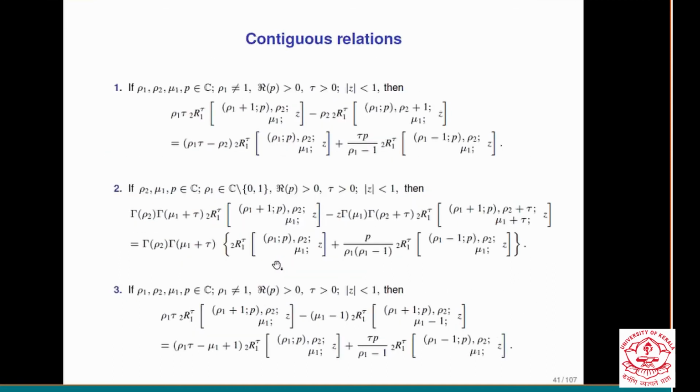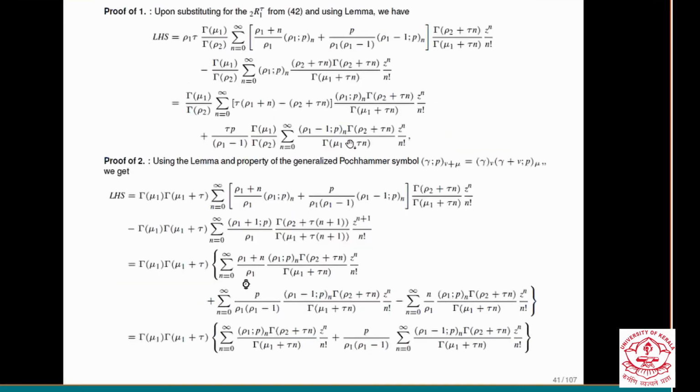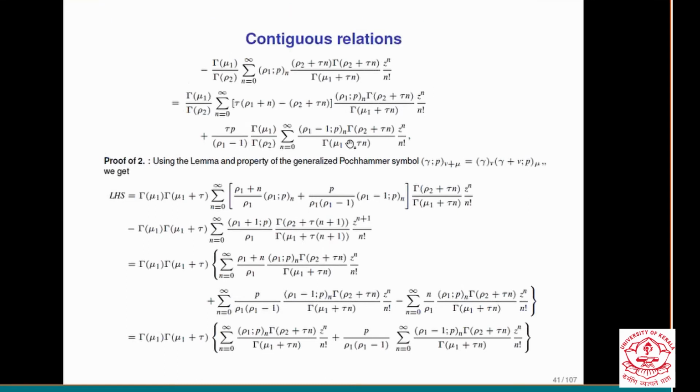And here we can also impose the condition that rho 1 minus 1 is not equal to 0, because if this becomes 0, then it is ultimately meaningless. So we already impose this condition here. So this is the proof of this theorem.